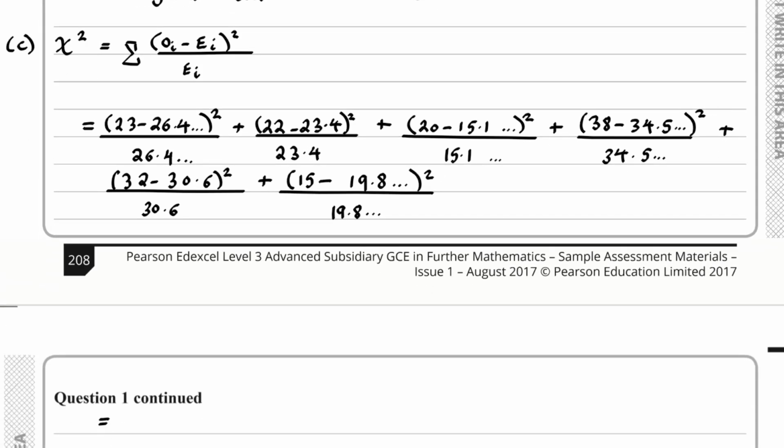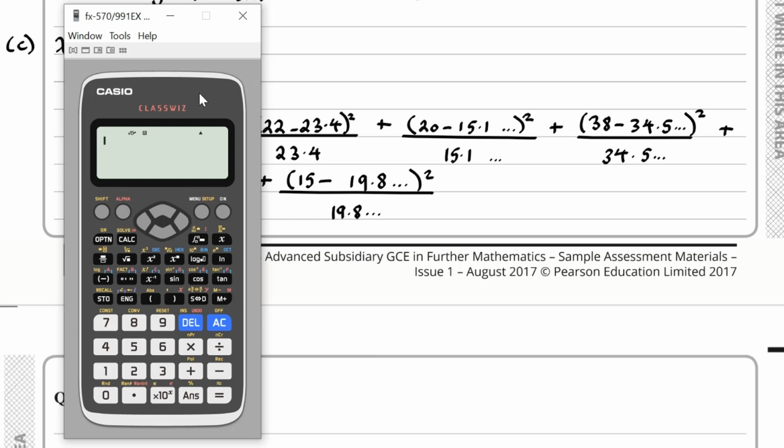Working this out on our calculator: 23 minus a, all squared over a, and then the next one, 22 minus b all squared over b, and then this one here, 20 minus c all squared over c.